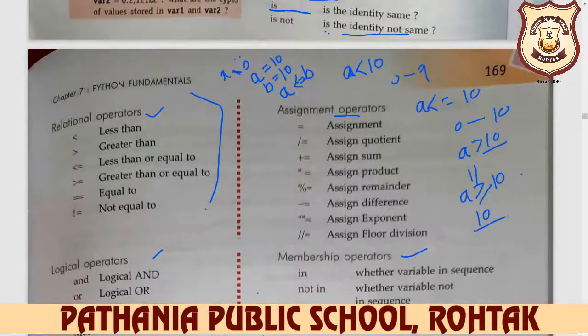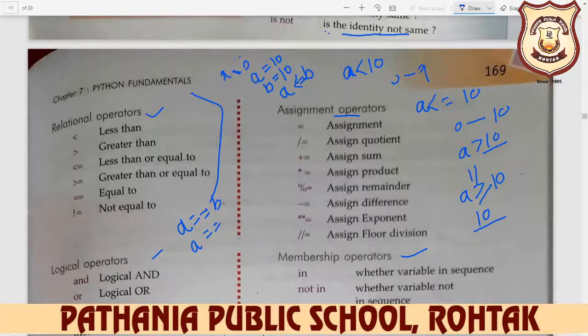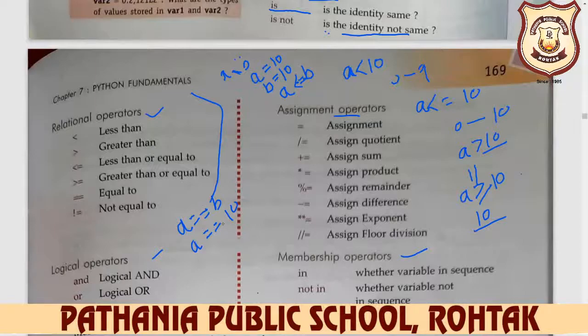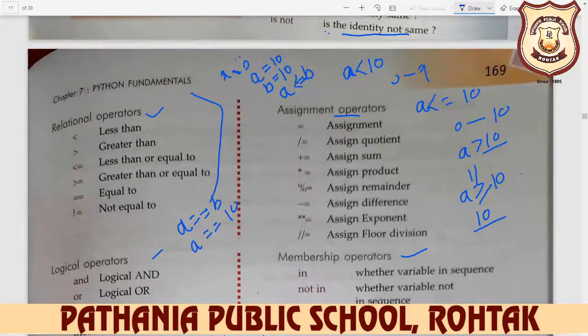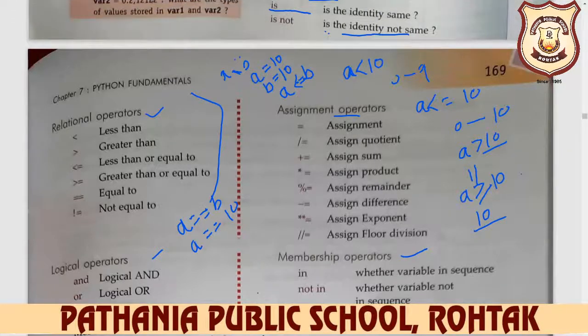For example, when we write the equal sign, we want to display the equal, then you write A is equal to B. For example, A is equal to 10. Here we compare. The relational operator is used for comparison. So here we compare the value, whether the value is 10 or not, A is equal to B or not.